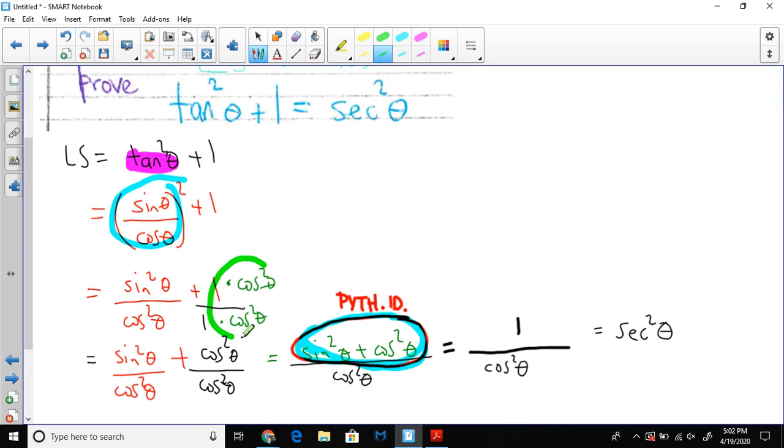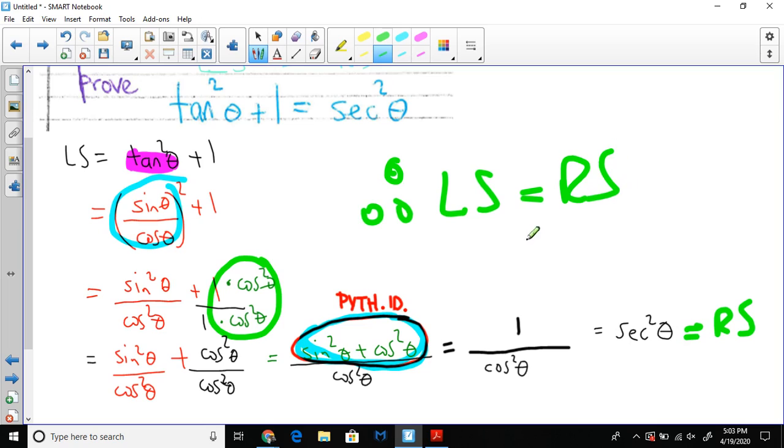Well, this was just using the fact that I have to find a common denominator, so it's just general algebra. So I've proven it, because this is the right side. Generally here we say, therefore, the left side equals the right side, and we're good.